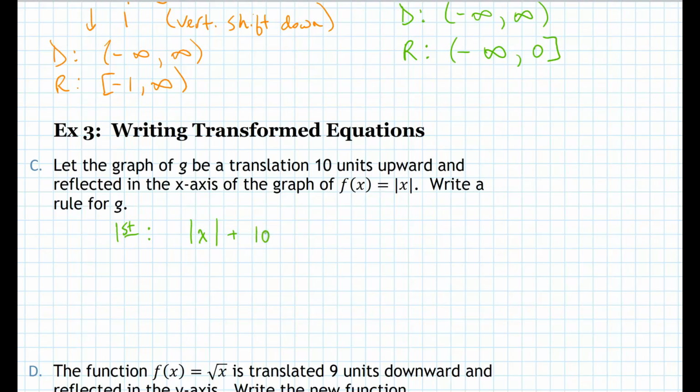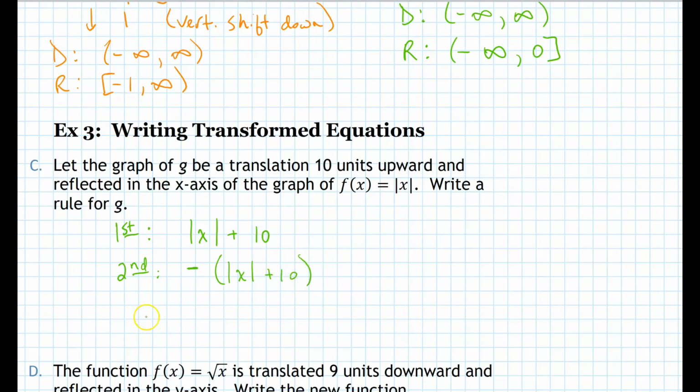But then it tells us to reflect over x, so a negative on the left of the absolute value. And we have to put it on the outside of the whole thing. So that's the difference here: we have to put the negative on all of it. This is a weird one. Because it's after. It's all about the timing.